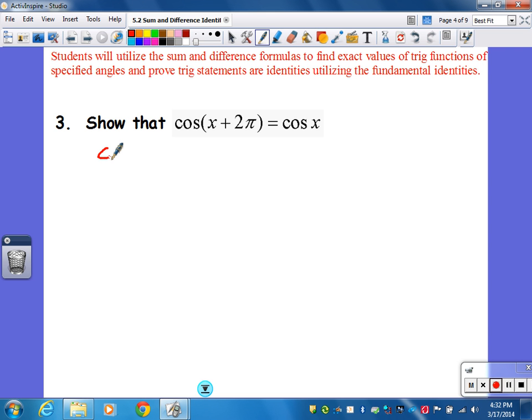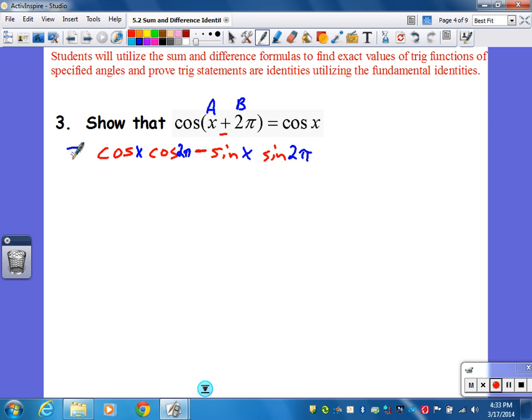So we have cosine, and then your sine is a plus, so it's going to be minus sine. So now we're going to just plug in our A and our B. Our A is x, our B is 2 pi.